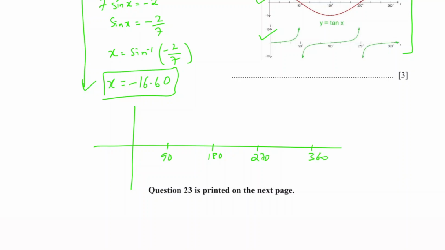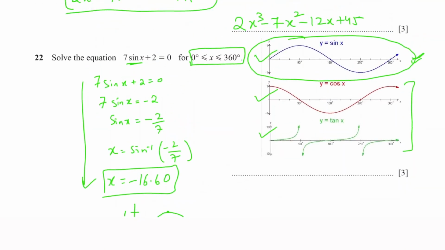I'm drawing it a little wider, not an issue. So the sine graph starts from 0, and it reaches its maximum of 1 at 90, and it goes down, and the minimum it reaches is at 270 at minus 1, and it reaches back to 0 at 360. This is how the sine graph looks. Can you see this? Also you can see the cos graph drawn over the second one, and also you can see the tan graph and how it looks.